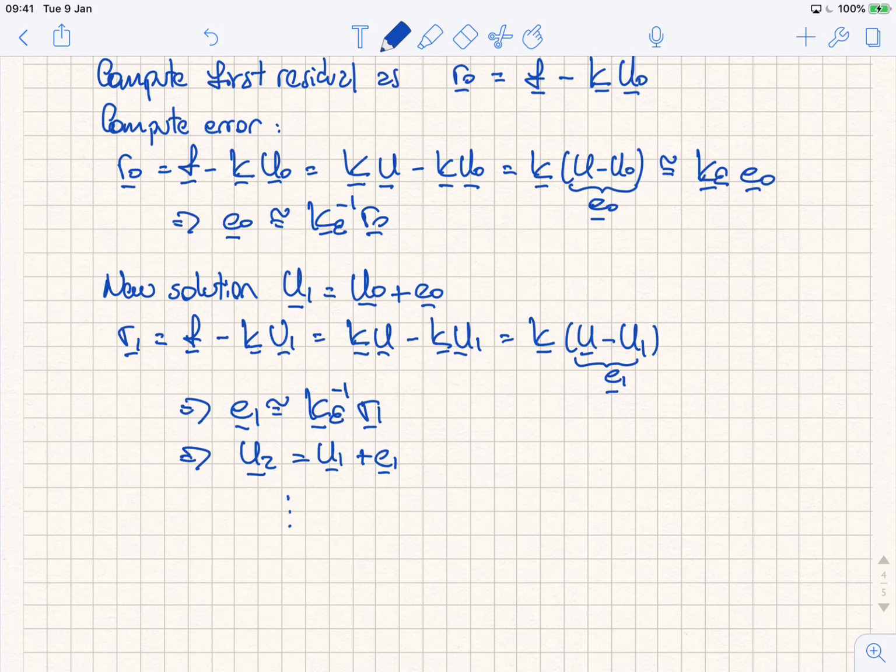And what we do is we compute a norm that looks like this: Ei transpose K Ei, and we normalize that until this whole coefficient or ratio falls within tolerance.